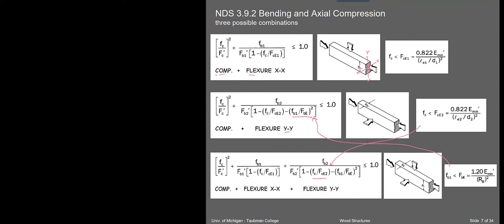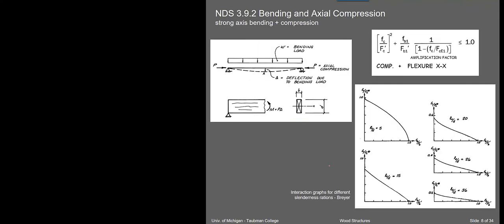Those limitations apply. As far as the interaction diagram, because of the amplification factor, the slenderness makes a difference, so you get slightly different curves. It's not just a straight line, depending on your slenderness.